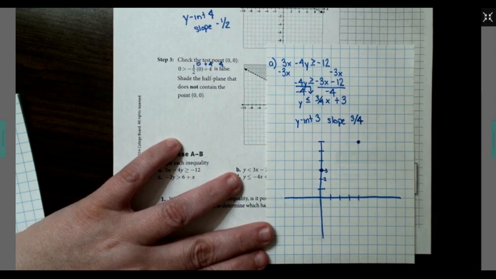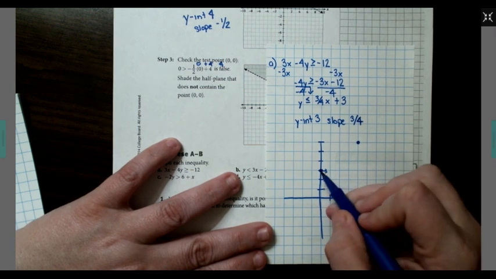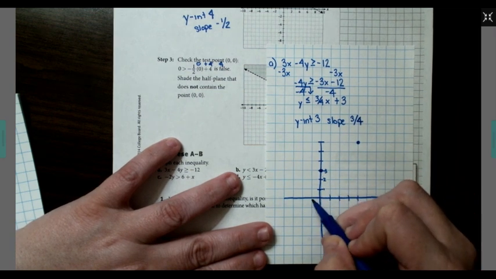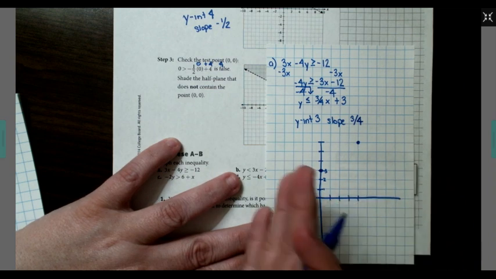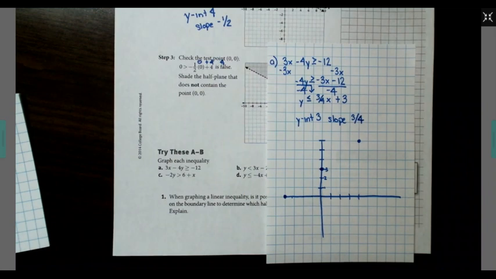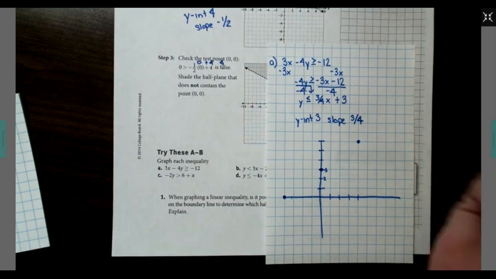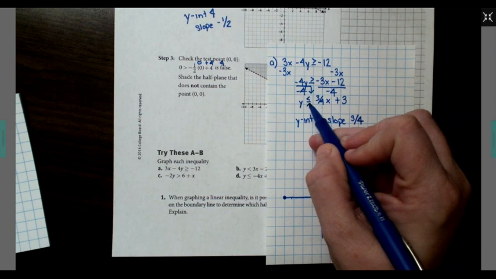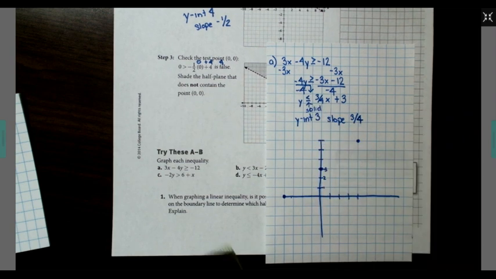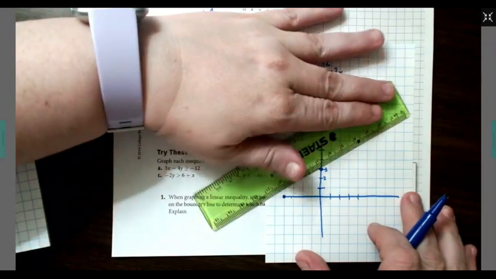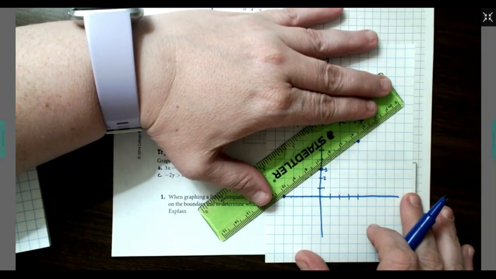So we would have a point here. If I wanted to create a second point, I could go down 3 and back 4. I would still be on this same line. Now, because it contains an equal to, this is going to be solid. So I'm going to graph a solid line here.